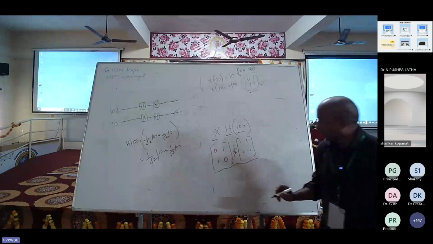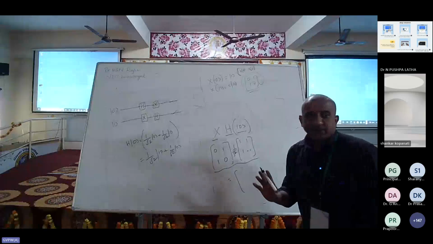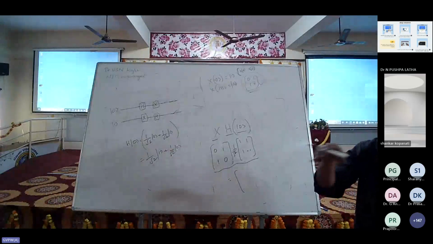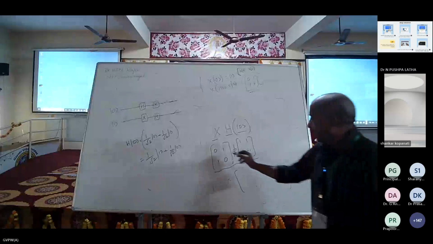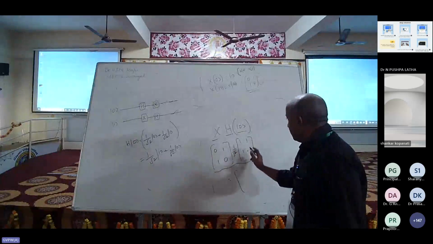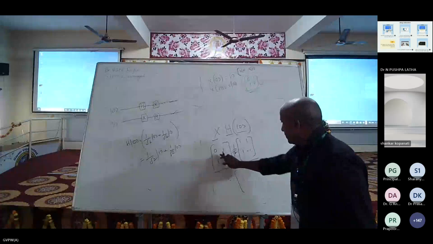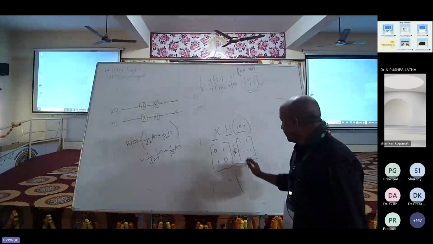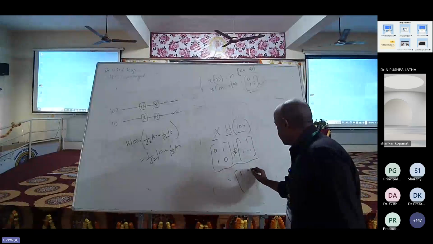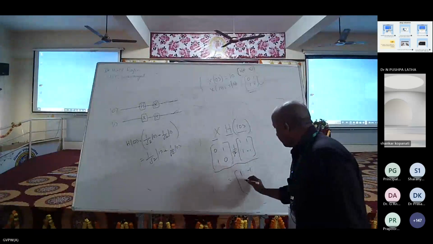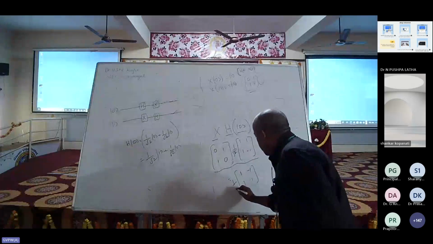Normal matrix multiplication: first row, first column, first row, second column, then summation. So 0 into 1 plus 1 into 1 gives 1. 0 into 1 plus 1 into minus 1 gives minus 1. What about this? 1. And this? 1. And preceded with 1 by root 2.